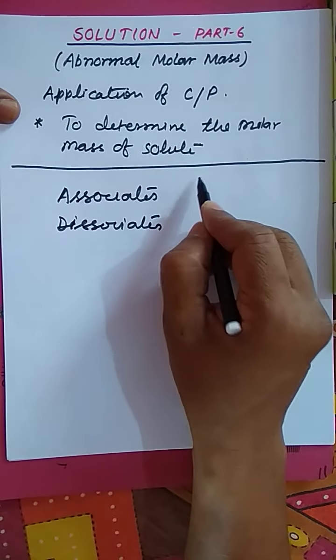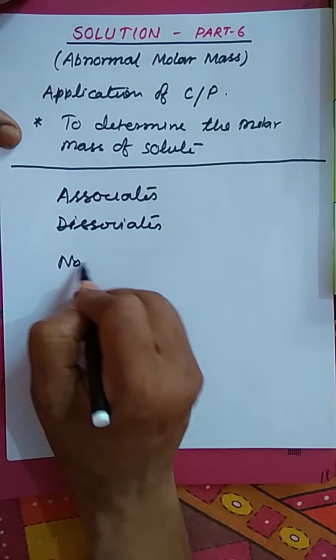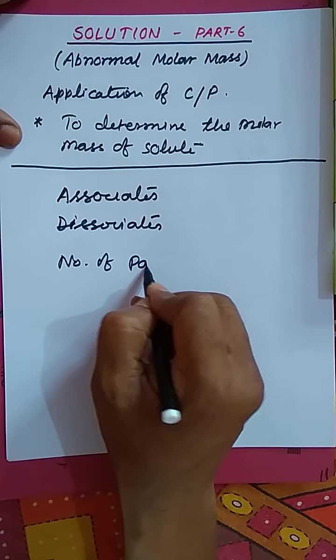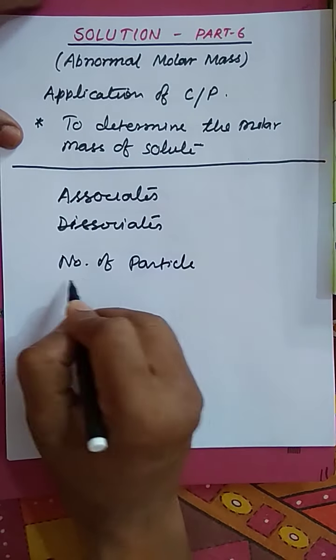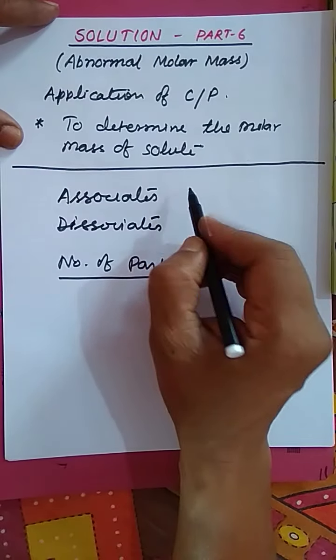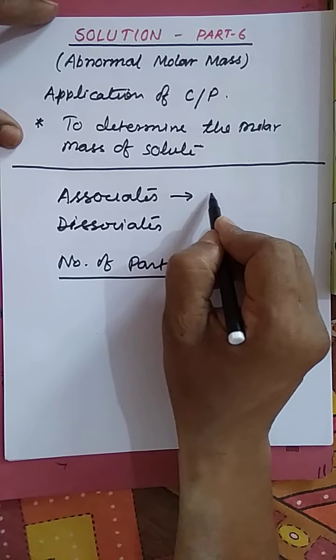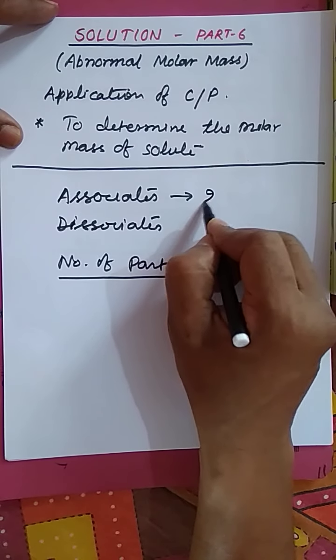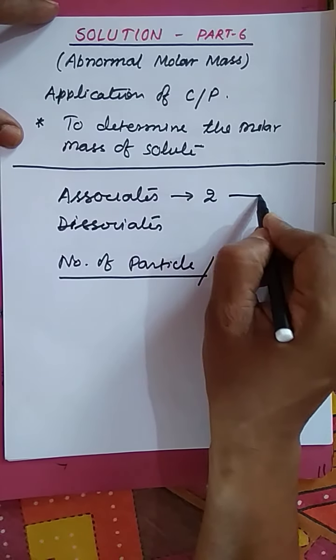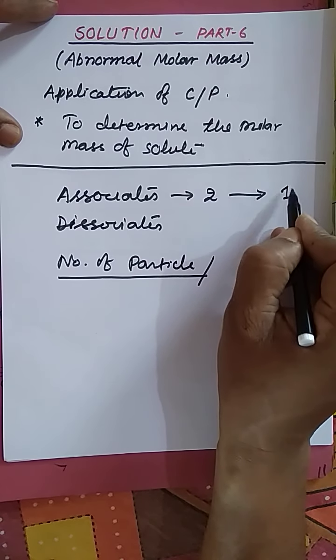Friends, colligative property depends on the number of particles, not the nature of particles. So in case of association or dissociation, suppose two molecules are there and they combine to form one molecule.